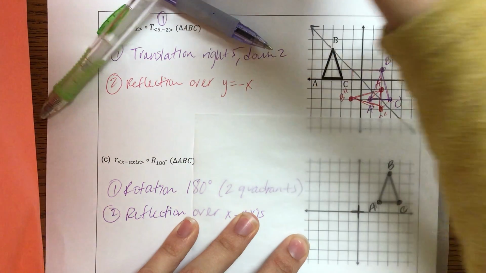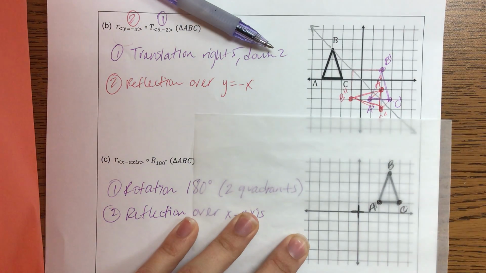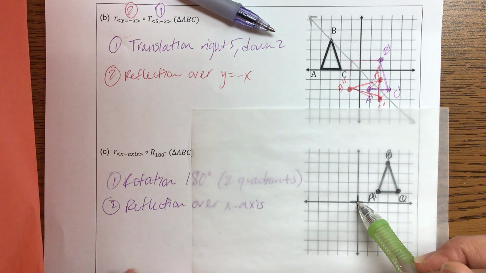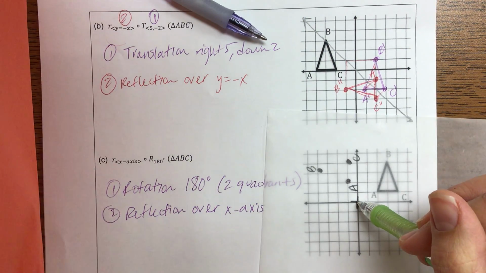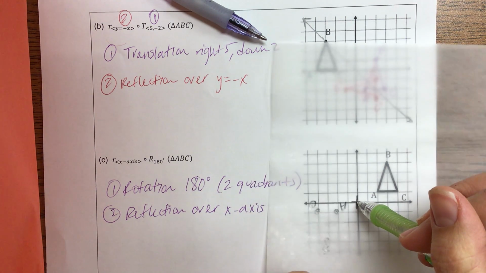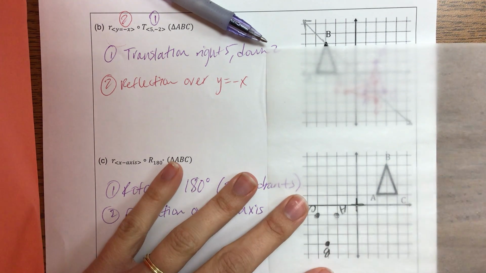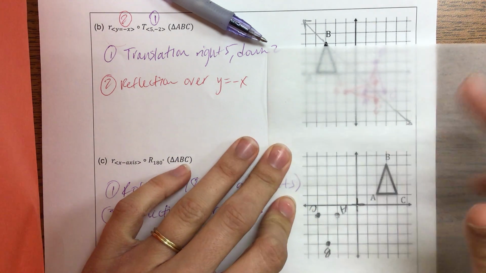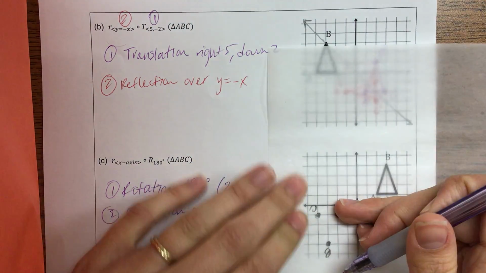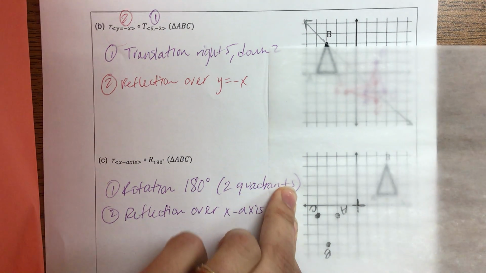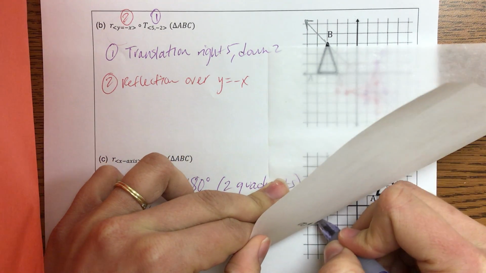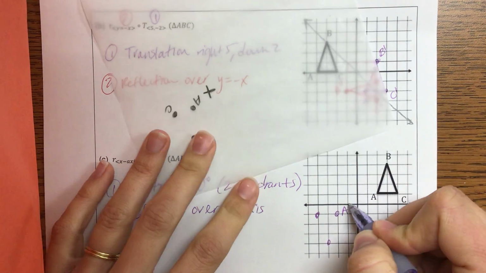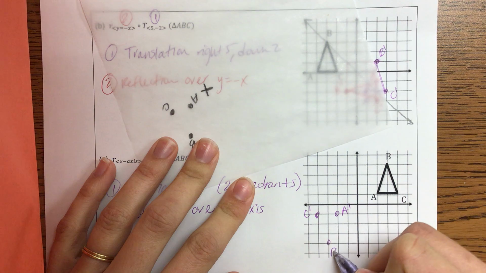And now I'm gonna rotate 2 quadrants. So I'm gonna turn twice. 1, 2. You can do this without patty paper if you like to move 1 point at a time and kind of imagine what it would be like if it turned. It's just hard to do that correctly, to be quite honest with you. Okay, go ahead and trace that. So this is A prime, C prime, and B prime.